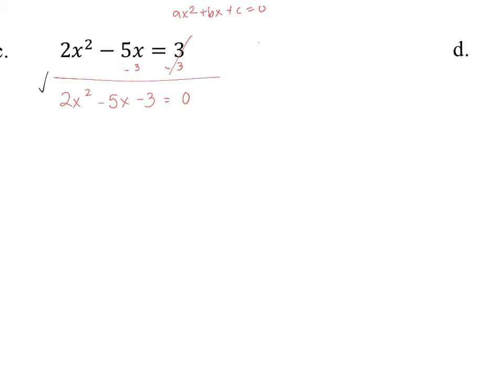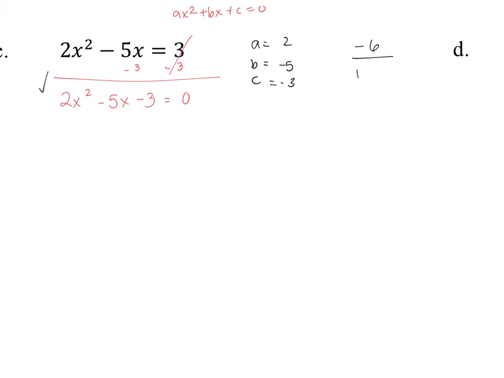So my first step is to go ahead and write down A, B, and C. So A is 2, B is -5, and C is -6. I'm sorry, -3. I jumped the gun. All right, so now that I have A, B, and C, I need to go ahead and multiply A times C, which in this case gives me a -6. Now, when we have a negative A times C, you have to write down all the pairs.